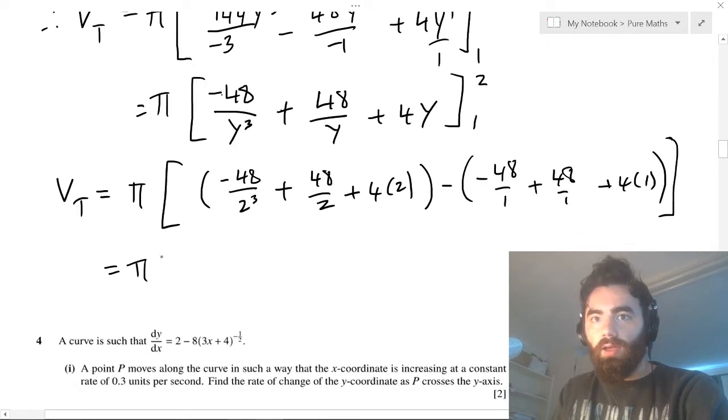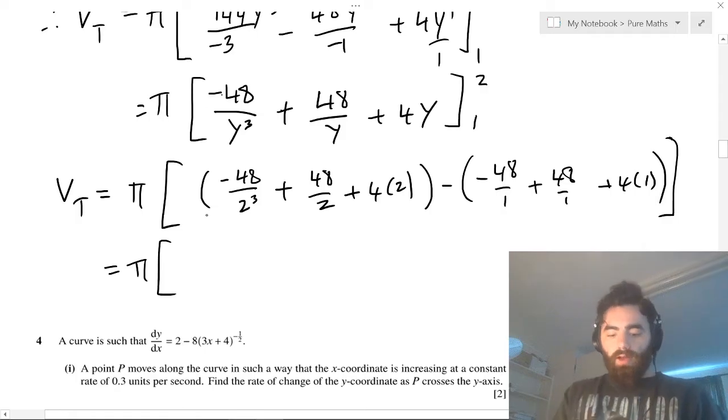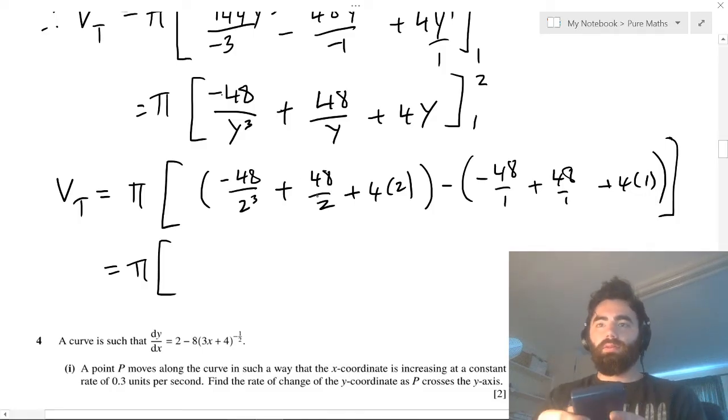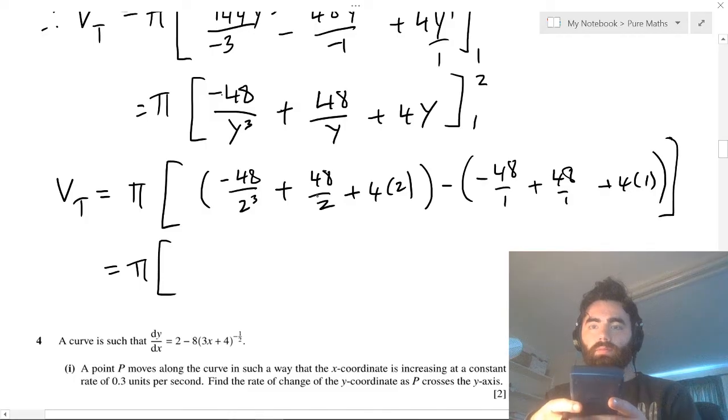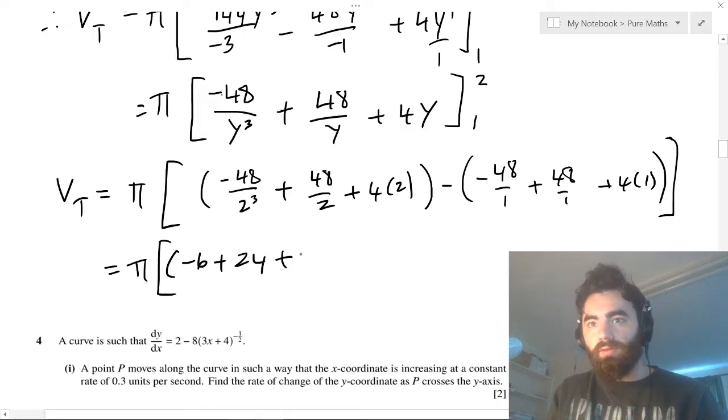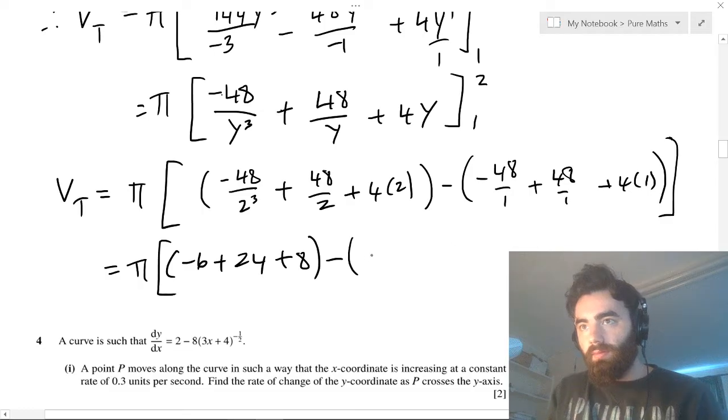That gives us pi times: negative 48 divided by 8 is negative 6, plus 48 divided by 2 is 24, plus 4 times 2 is 8, minus the value at 1, which is negative 48 plus 48 plus 4.